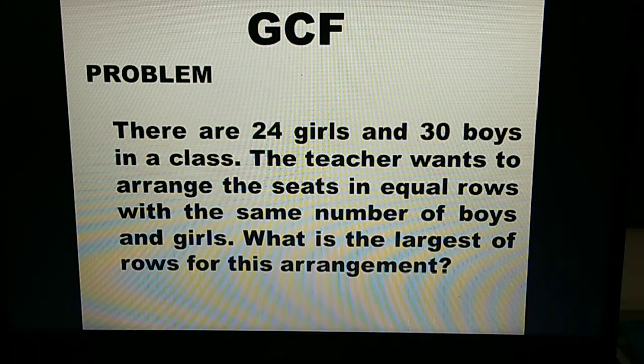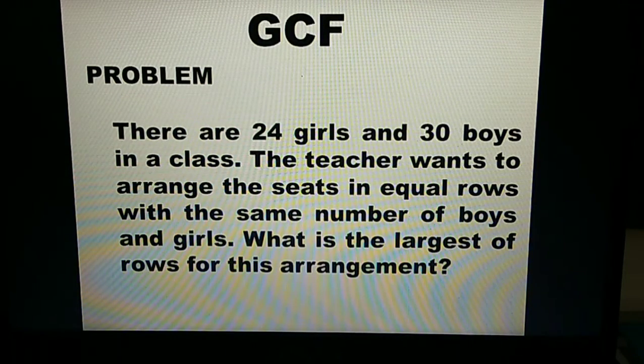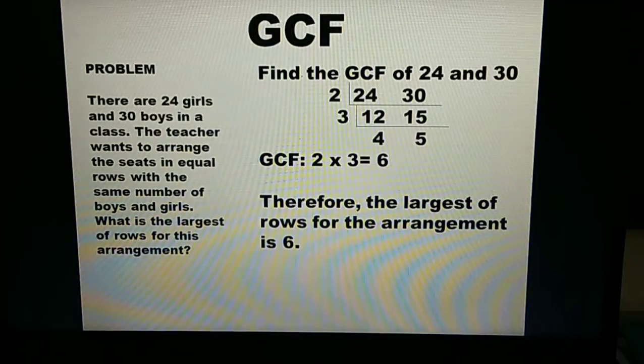In our planning, it is the method that we are going to use or apply in order to solve the problem, and that is by using the GCF through continuous division. Now let us show the solution on how you are going to solve this problem.